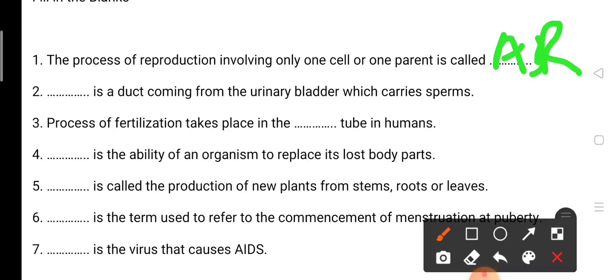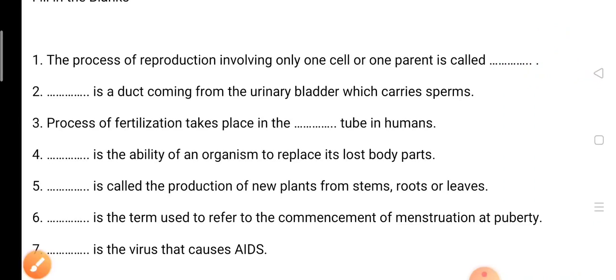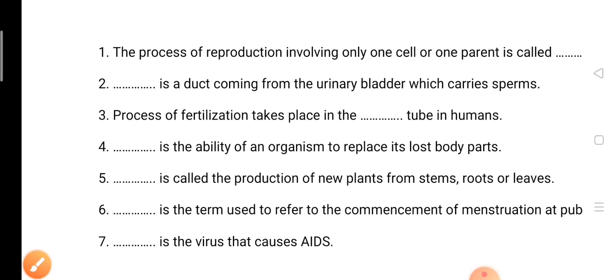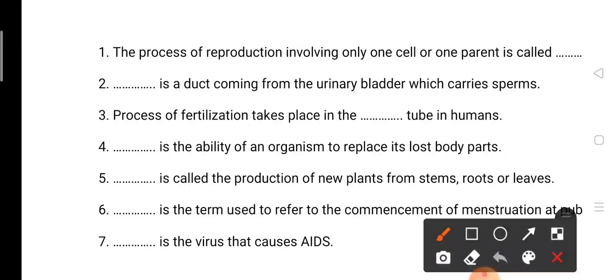Now the next question is, a duct coming from the urinary bladder which carries sperm. So the duct which carries sperm from the urinary bladder is known as the urethra. So we will write here the urethra.